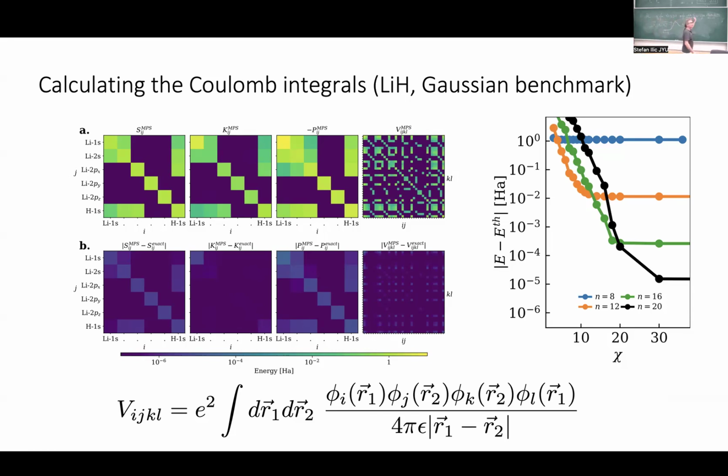Oh, by the way, I just introduced field operators. Is everyone familiar with them? I don't have time to do a full course on this anyway. So if you aren't, just take that as a kinetic energy, attraction by the nuclei, and Coulomb repulsion. So the first thing you do is you define orbitals.